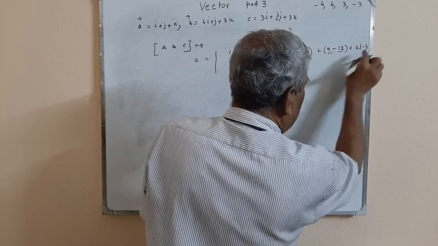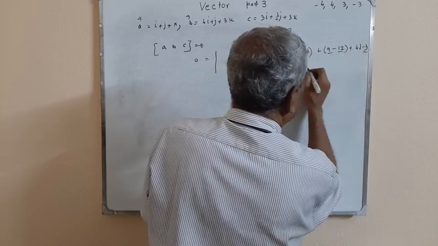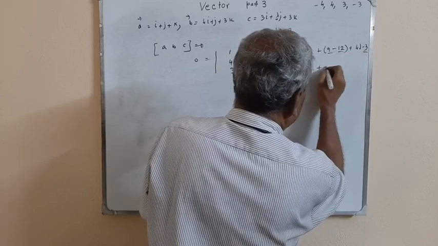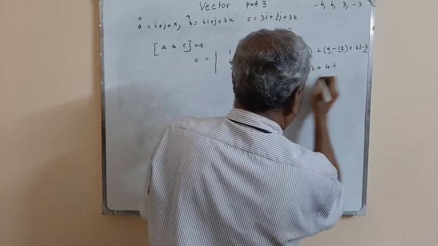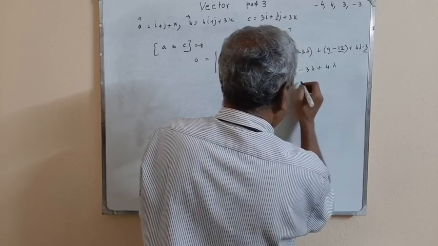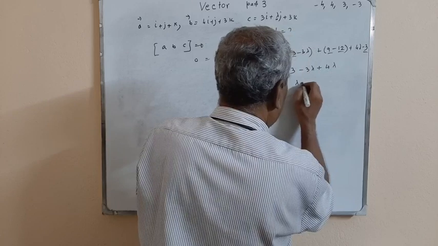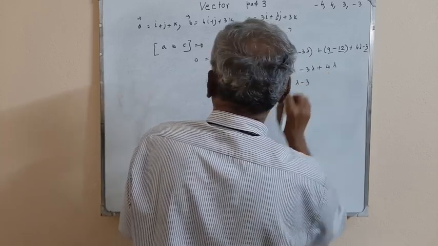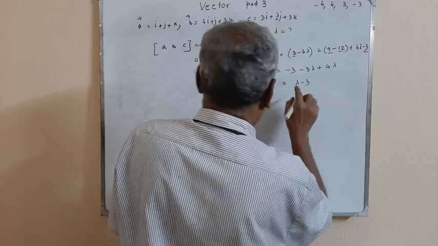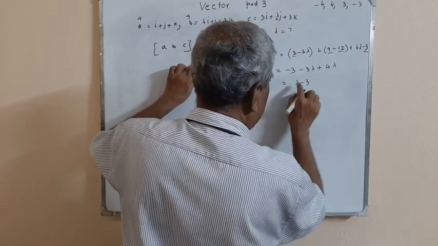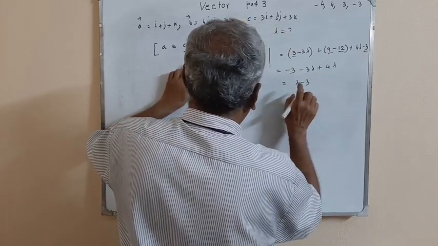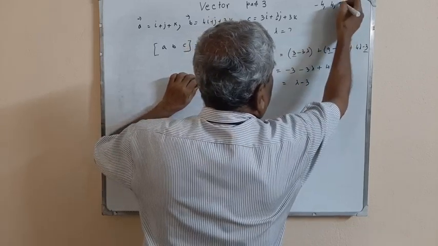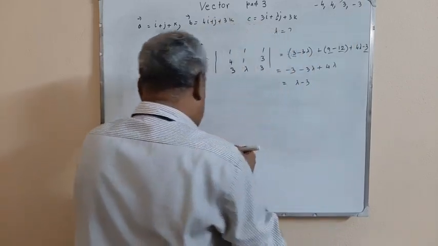This is plus 3, minus 3. And minus 3 lambda plus 4 lambda gives lambda. So together it is lambda minus 3. As per the condition, lambda minus 3 is equal to 0. So lambda is equal to 3. This is the correct option.